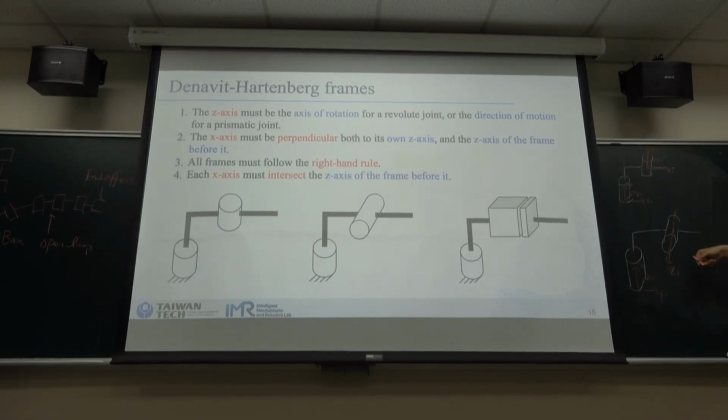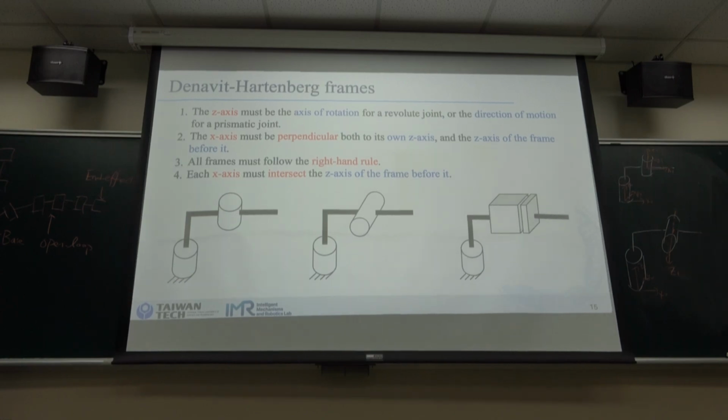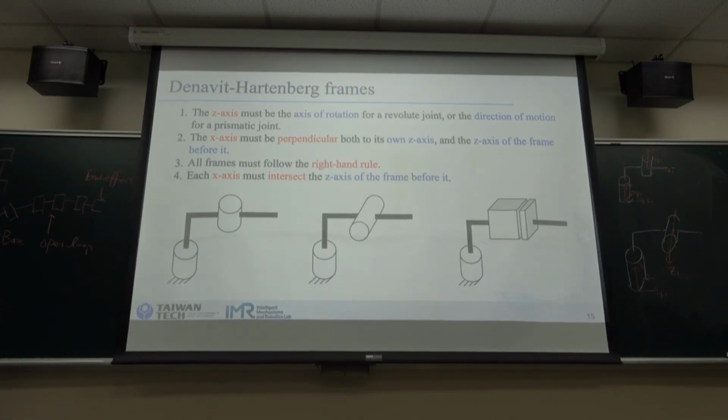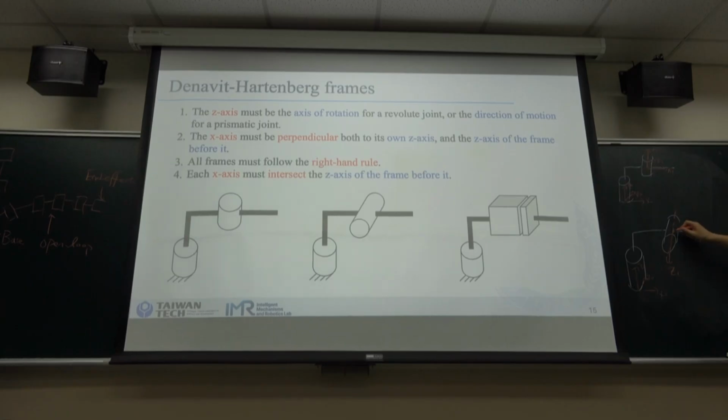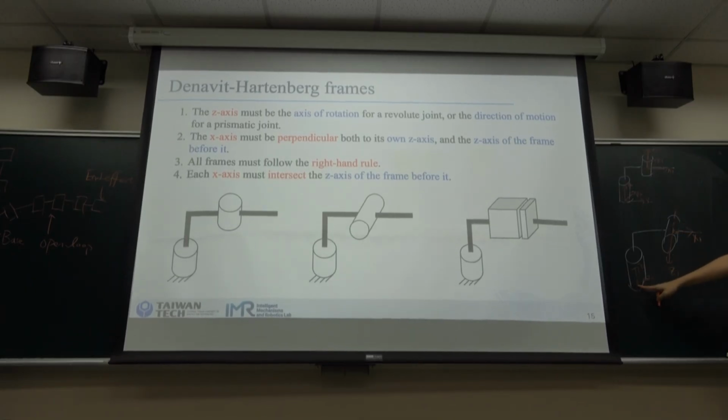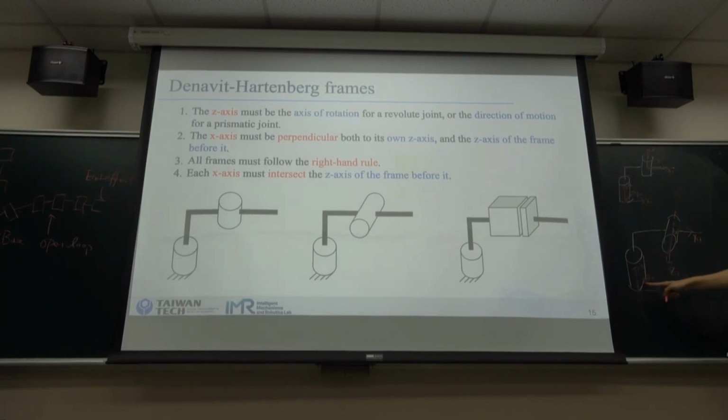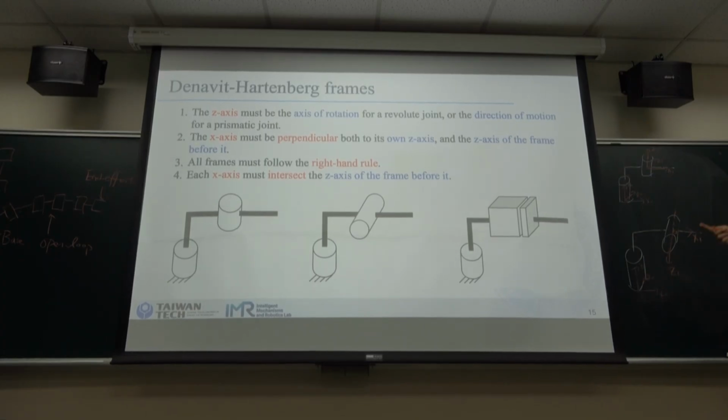So z1 is pointing out of the board, and we want to know x. If we choose the x direction at this one, x1 is perpendicular to z1, and it's also perpendicular to z0, so it satisfies the second rule.